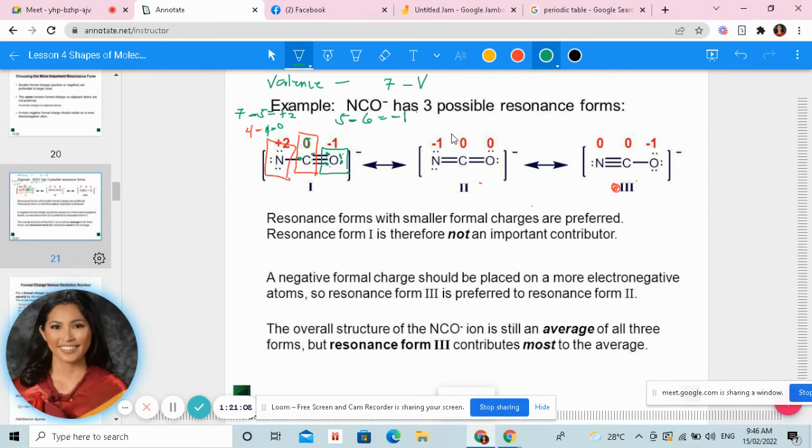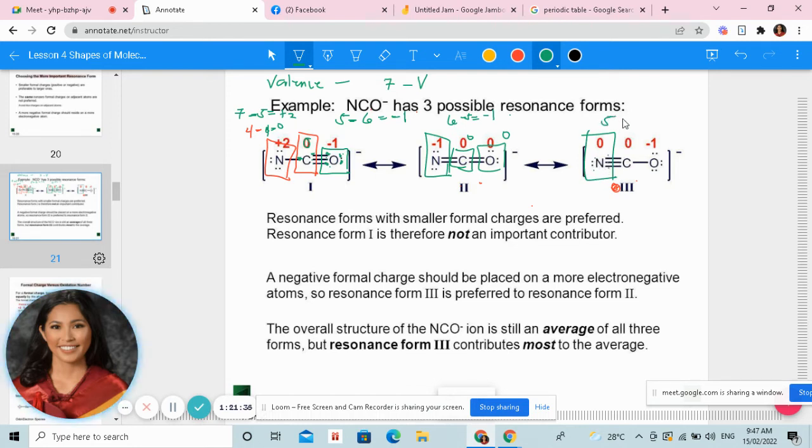Okay, now what about this one? Let's check also here. We have 1, 2, 3, 4, 5, 6. So 6 minus 5, that is equal to negative 1. This one, that's 4, that is 0. This one, 1, 2, 3, 4, 5, 6. 6 minus 6, that is also 0. Here also we have the nitrogen, 1, 2, 3, 4, 5.